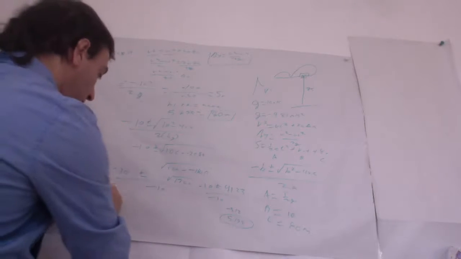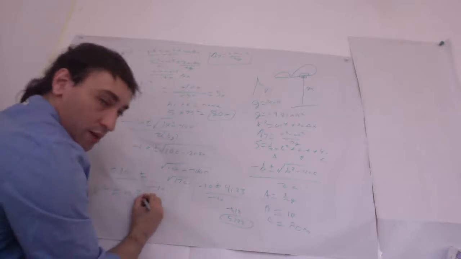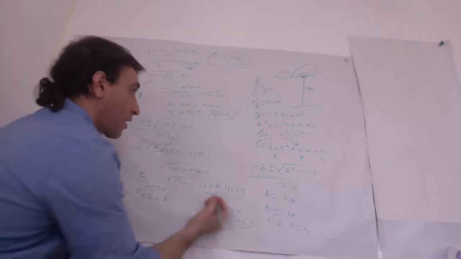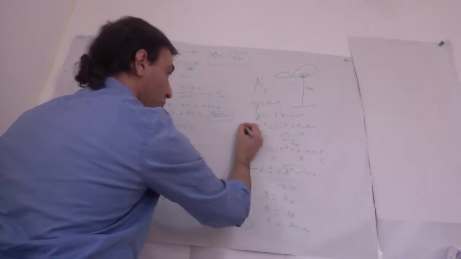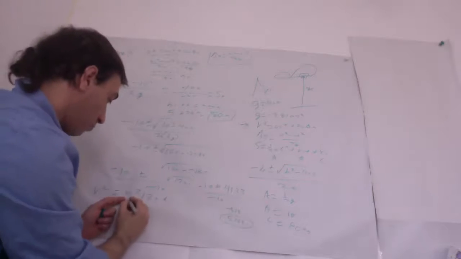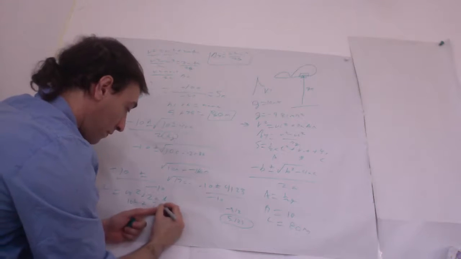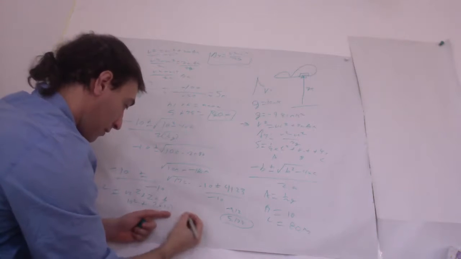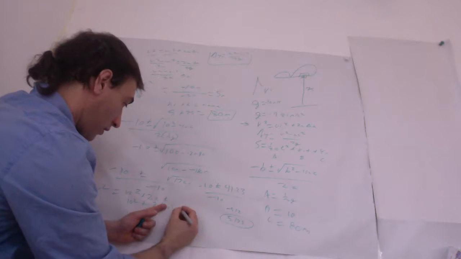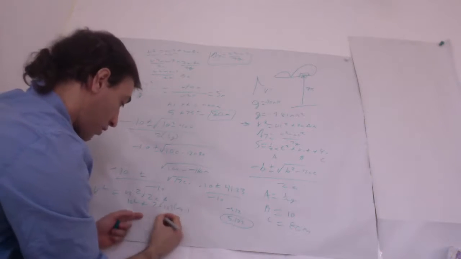Here, we can go ahead and find the final velocity. We're using v squared equals v initial squared plus 2a delta x, this one right now for velocity, excuse me. Plug in what we know: 10 squared, plus 2 times gravity, which is negative 10, times 80 right here. 10 squared is 100.